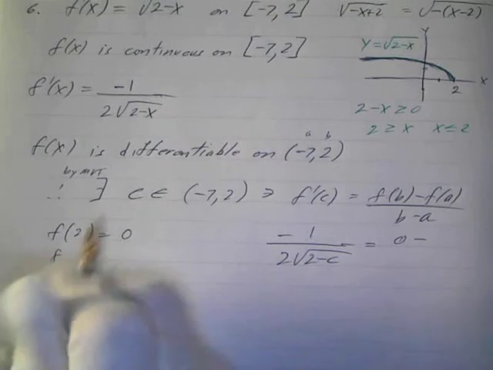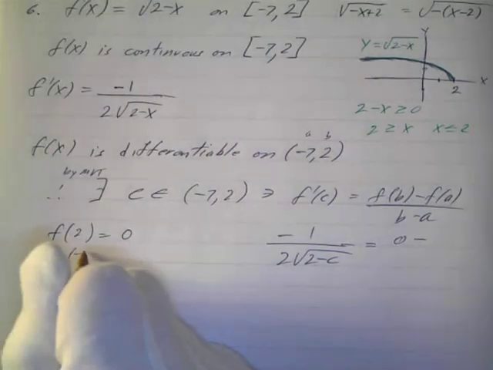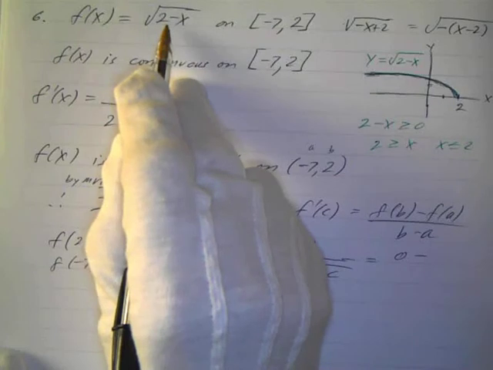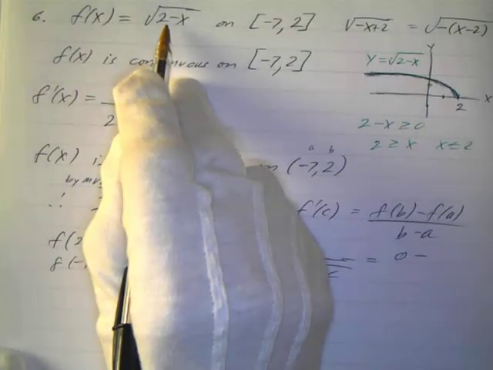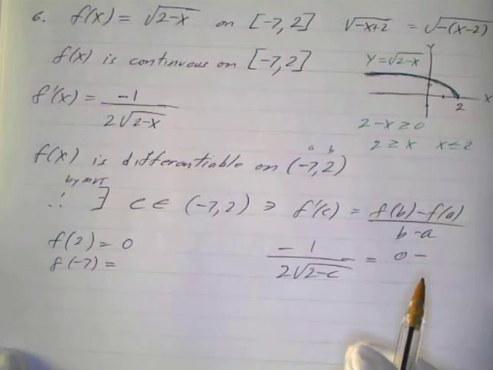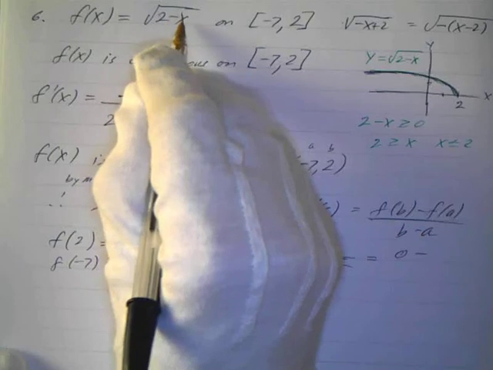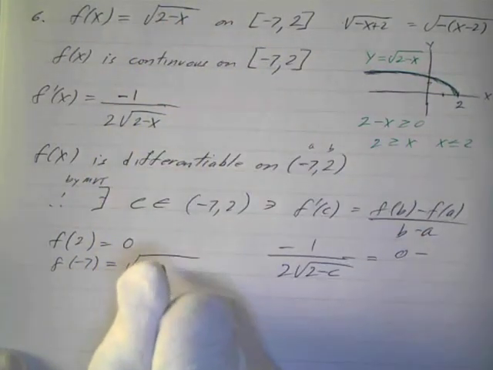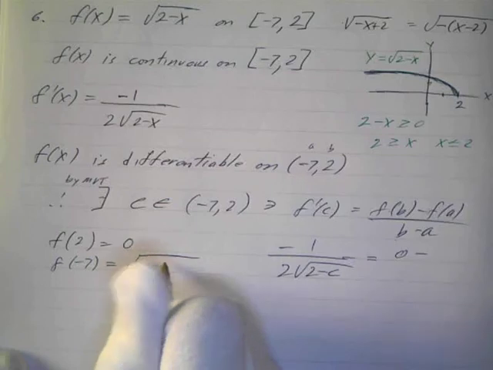And what's f of negative 7 going to be? That's going to be the square root of 2 minus, and x is negative 7.